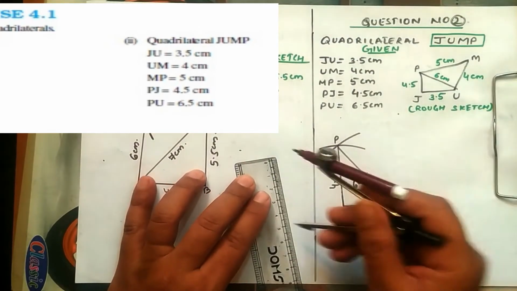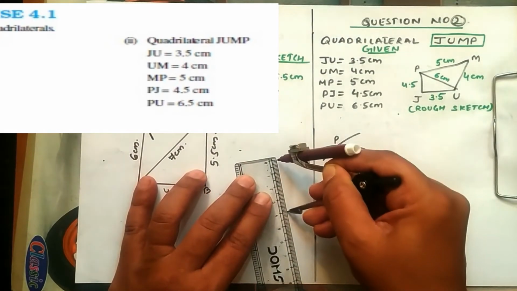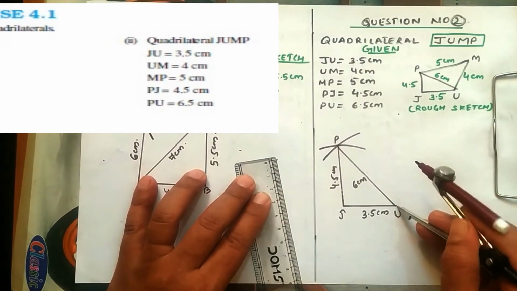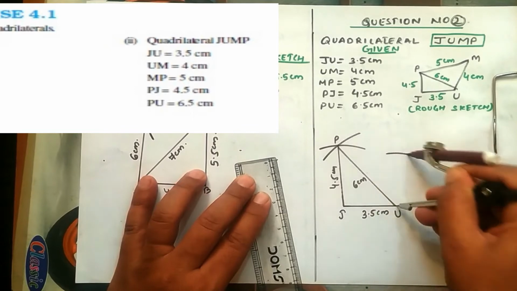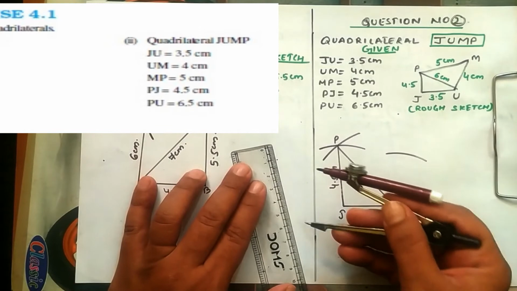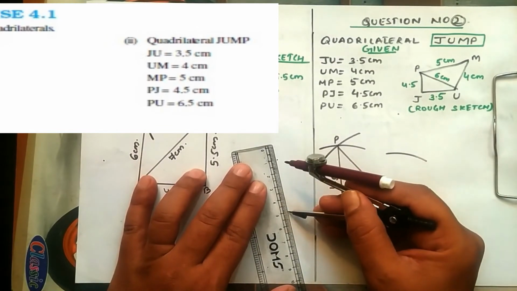So UM is 4 centimeter. From here I will take U as a center, drawing an arc in the air, and then taking P as a center, drawing another arc on the given arc.